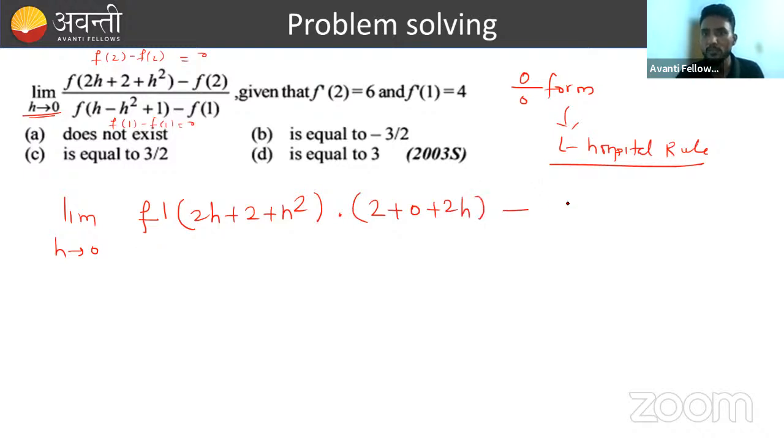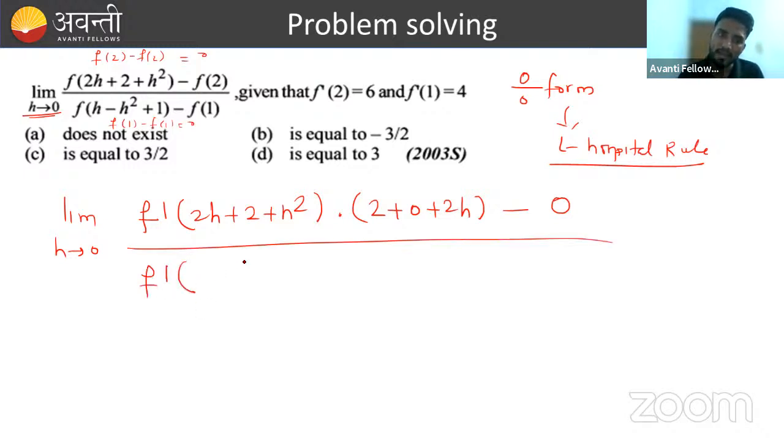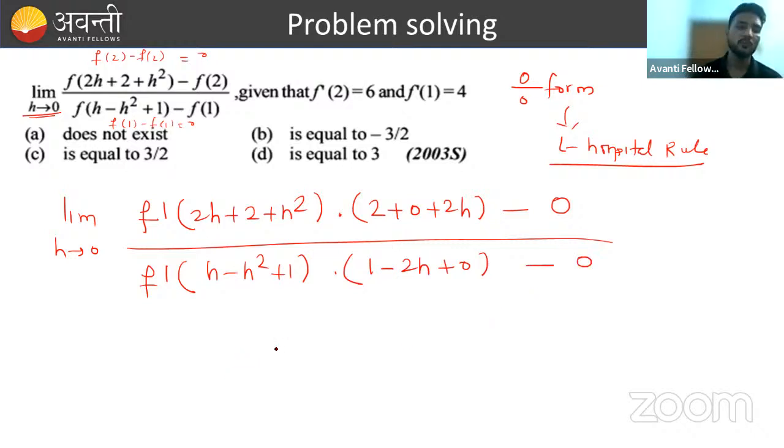Similarly, f of 2 is constant, so its derivative is 0, and then f dash of (1 minus h square), and then again by the chain rule, it will be (1 minus 2h), plus 0, and then f1 is 0. After that, you have differentiated the numerator and the denominator. What you have to do next is just put the limit h tending to 0.